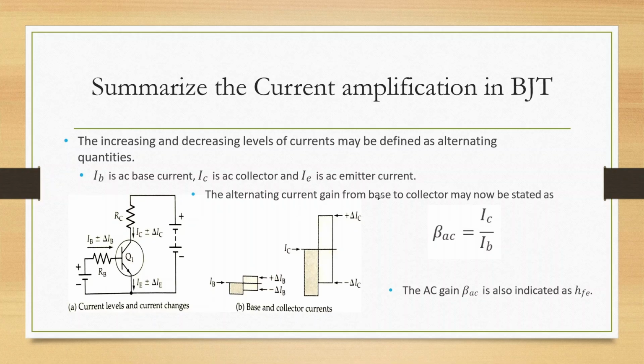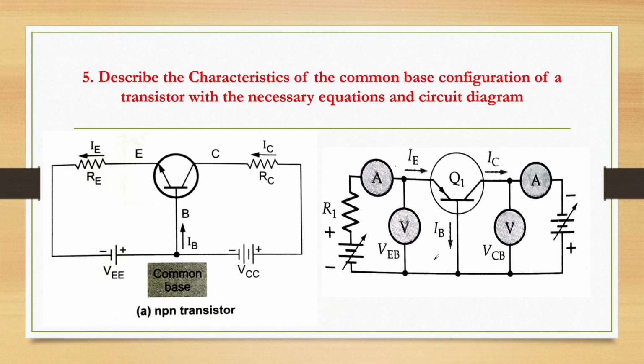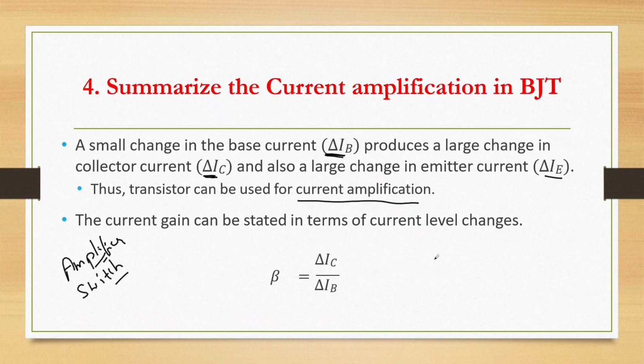The alternating current gain from base to collector can be stated as this. So if you give small changes in IB, it produces a larger change in the collector current. So you can draw this circuit diagram and explain this current gain. If you do so, you can justify this particular question.